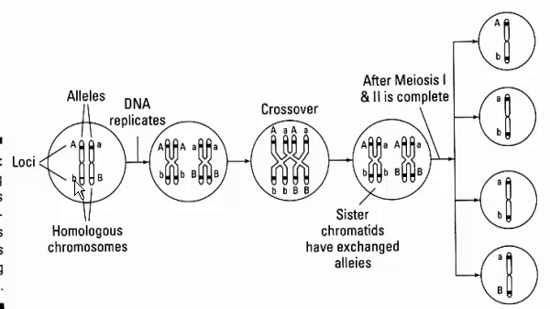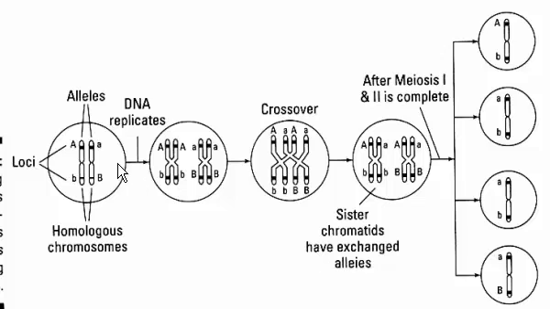Now it's important to remember that when meiosis takes place, each gamete must get one allele from each gene. In other words, each gamete has to have one A and it has to have one B. And we can see that's the case on the far side. Now, if we have truly independent assortment coupled with crossing over, then that means each possible package of alleles in a gamete has an equal probability.